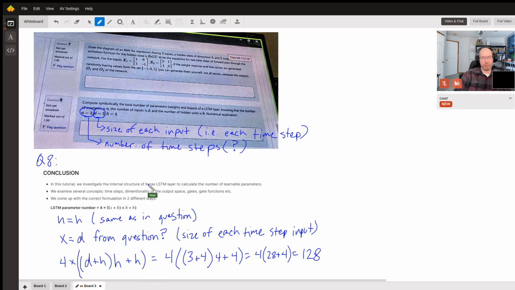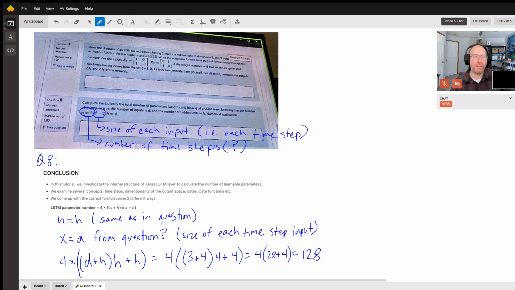But yeah, assuming I've translated those n's, d's, and h's, or what they mean by the number of examples, number of inputs, number of hidden units is fine. That part seems fine. It's just making sure I understand when they say the number of examples or the number of inputs.